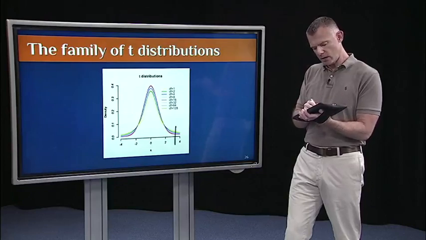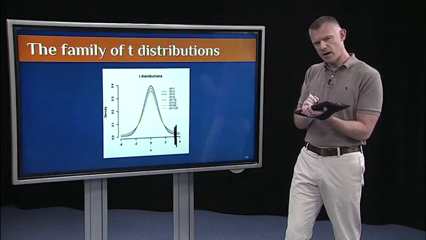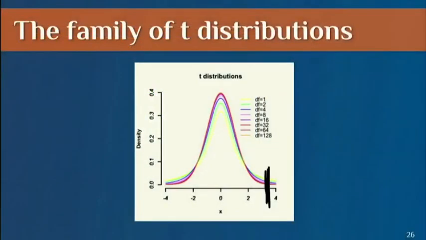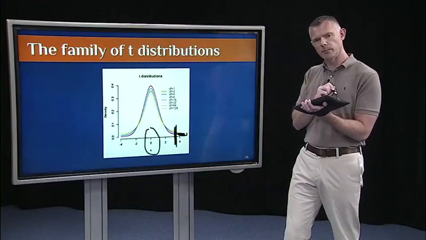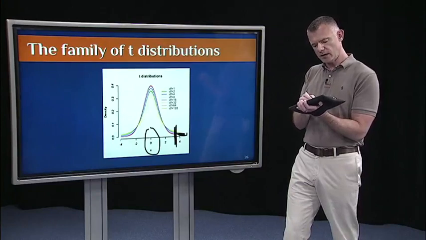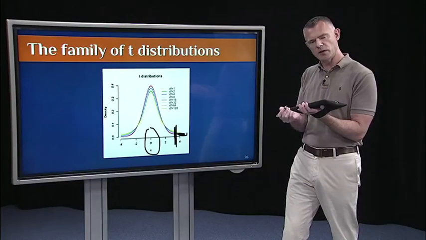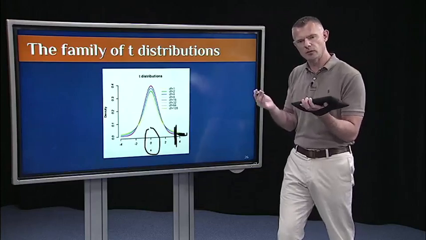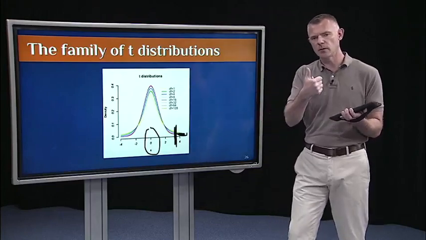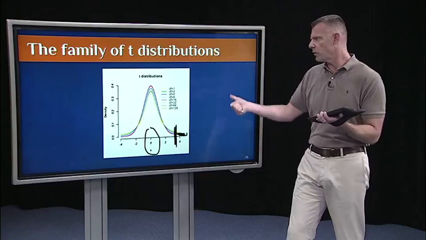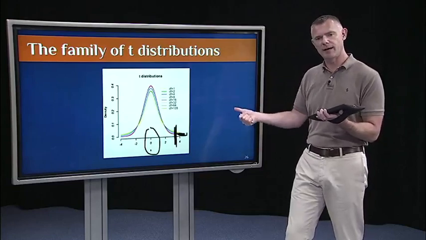If it's way out in the extreme, then I'll obtain a low p-value, because the p-value is the probability of obtaining these data or more extreme, given the assumption that the null is true. The null being true would give me a t of 0. So if I get an extreme score way out here, I'm going to get a low p-value, and I'll be able to reject the null hypothesis. So where does the p-value come from? It comes from the t-value and its corresponding t-distribution, which depends on sample size.